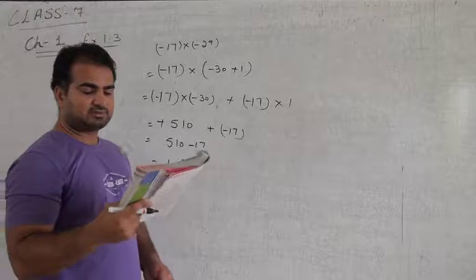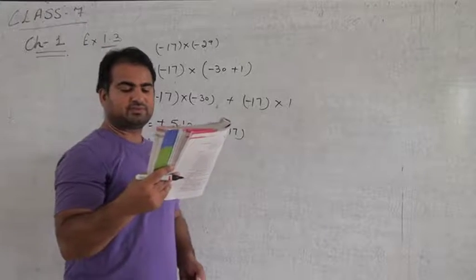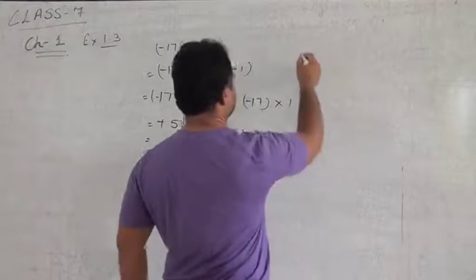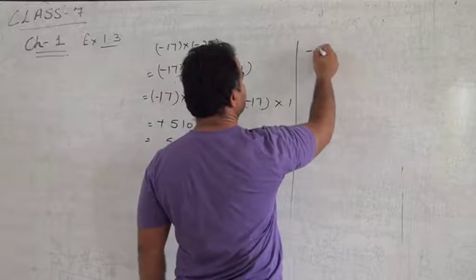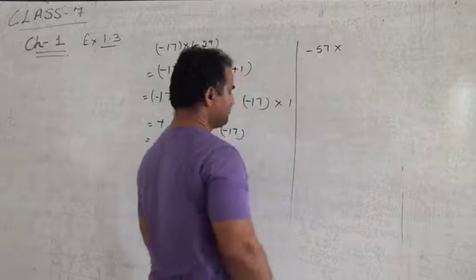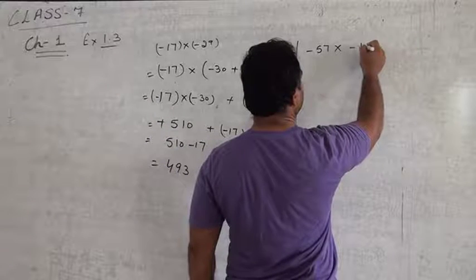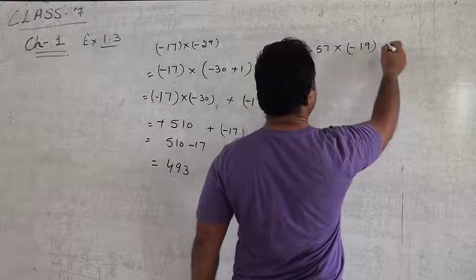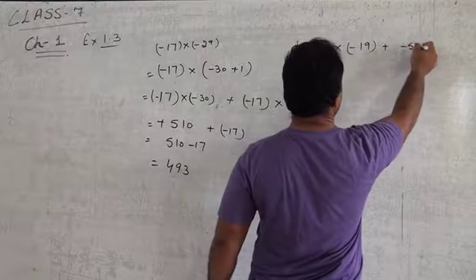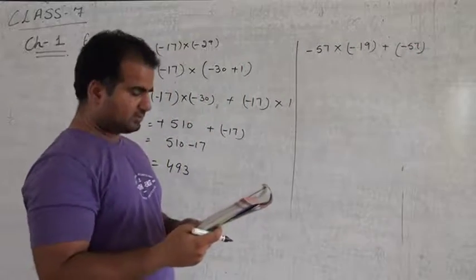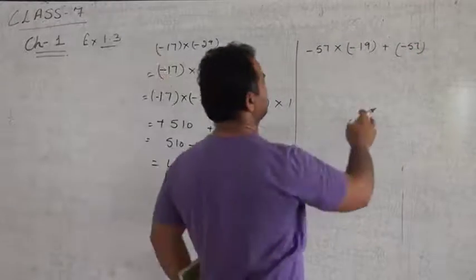Okay, next question is minus 57 into minus 19 plus 57. Minus 57 into minus 19 plus 57. Okay, this is our question.